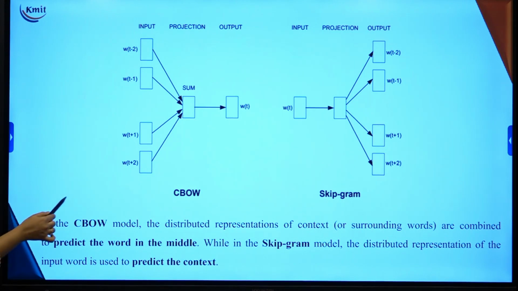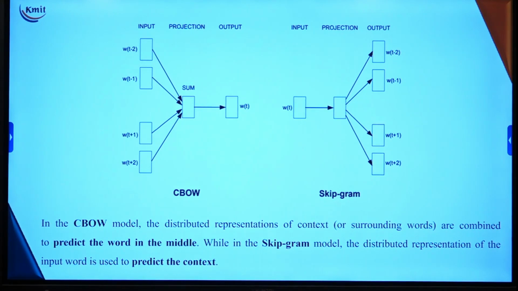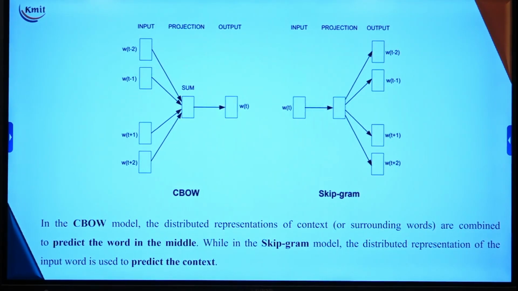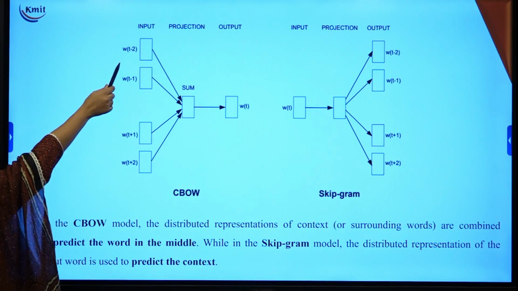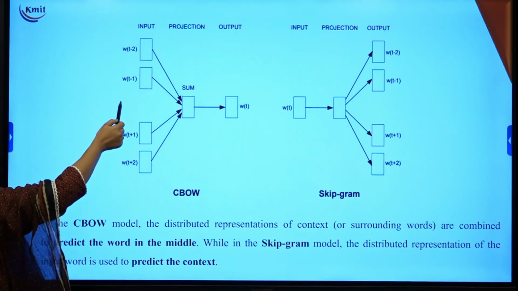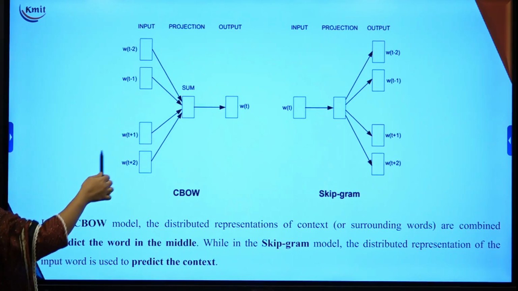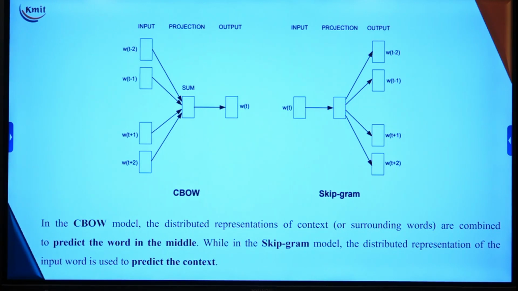As you can see in the first picture, in the first model called CBOW, we have a distributed representation of context or the surrounding words which are all combined. As you can see, W(t-2), W(t-1) and so on, that is the input, is nothing but distributed representations of context, and these are combined to predict a word in the middle.